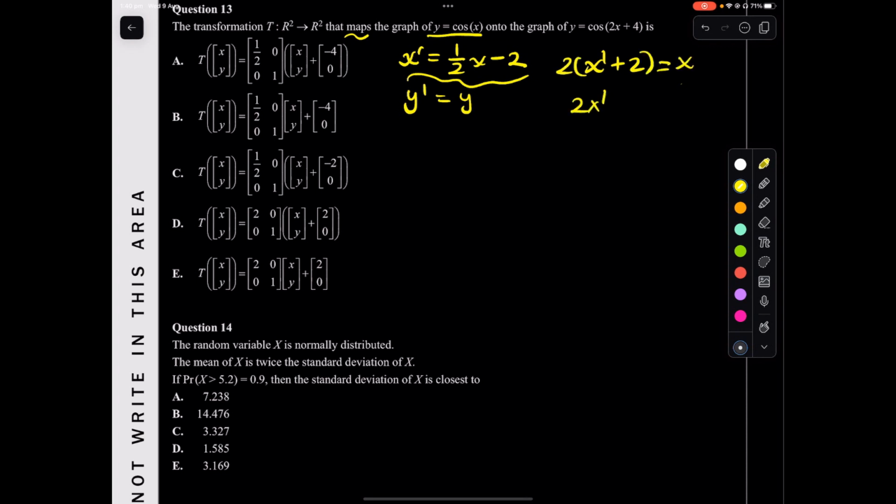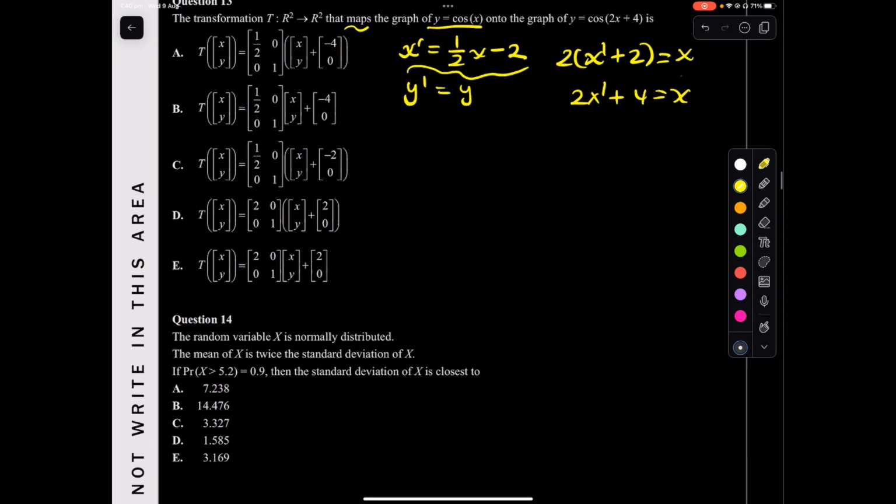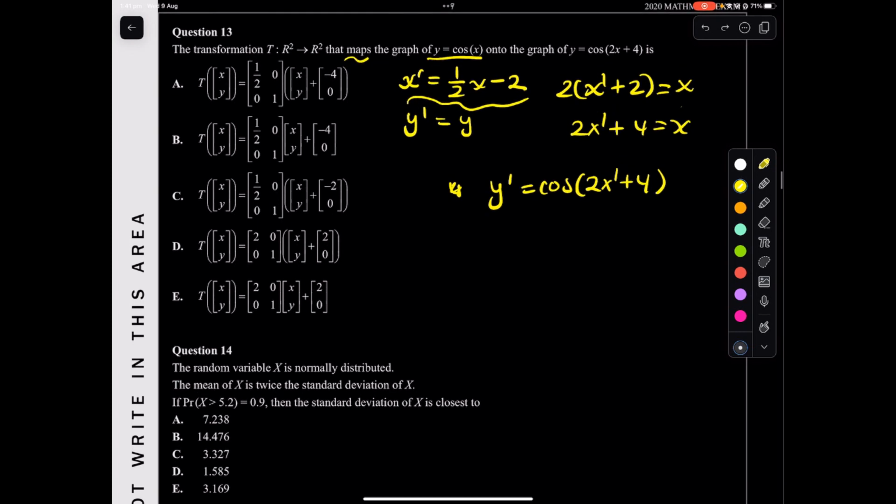So it'll be 2x plus 4 equals x. I'm so tired today. So your y is cos 2x plus 4. Does it look the same? Y equals cos 2x plus 4. Yep, A should be your answer.